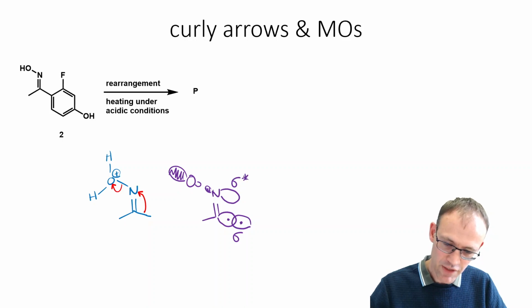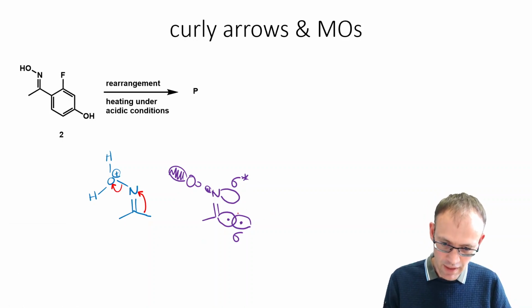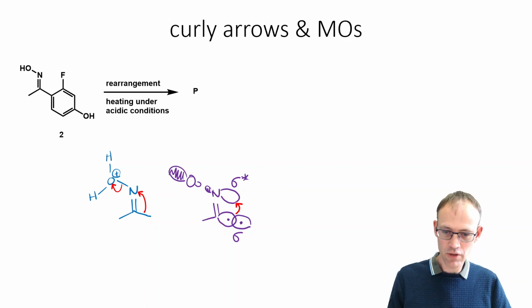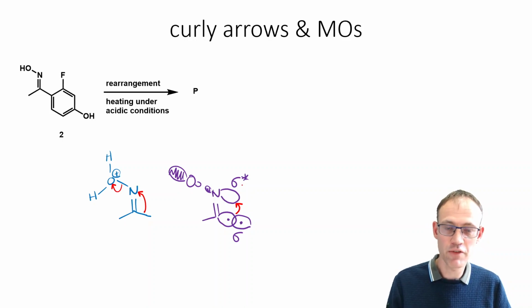With the empty sigma star orbital, again, if I want to draw this as a curly arrow, I have electrons going from a filled orbital to an empty orbital. So curly arrows always correspond to electrons moving from a filled orbital to an empty orbital.